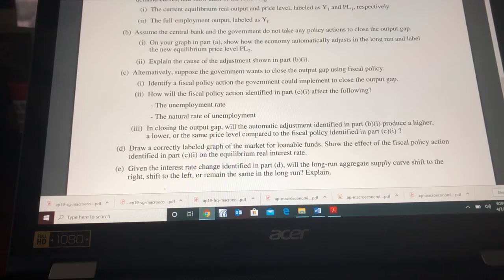So it wants me to draw a correctly labeled graph for the market of loanable funds. Well, is the government spending? No, right? So I just need to draw a loanable funds chart where the government will be demanding less, and it's going to open it up for other people.